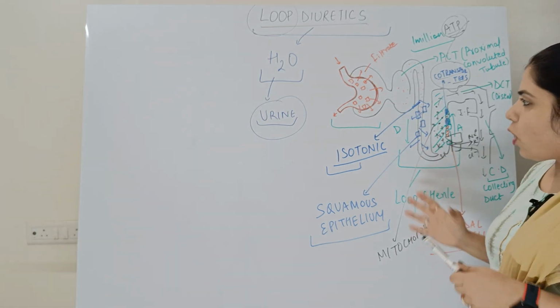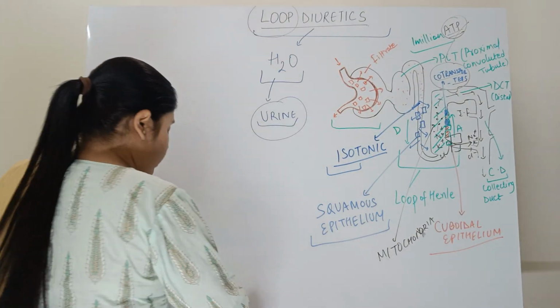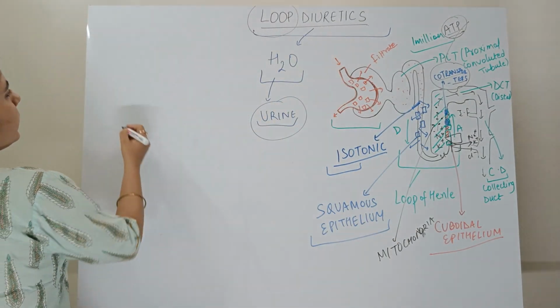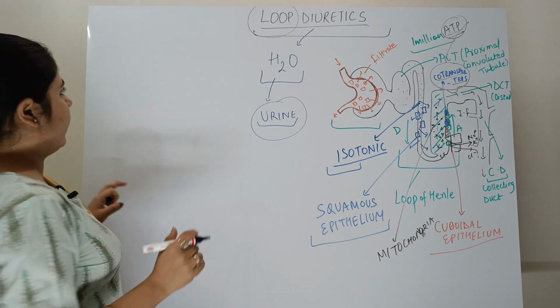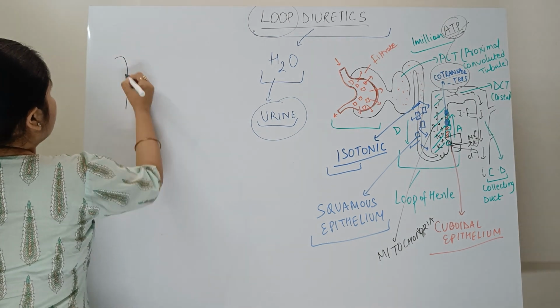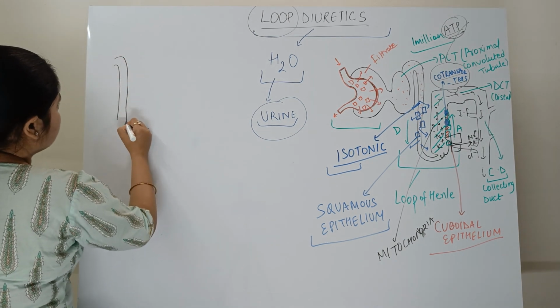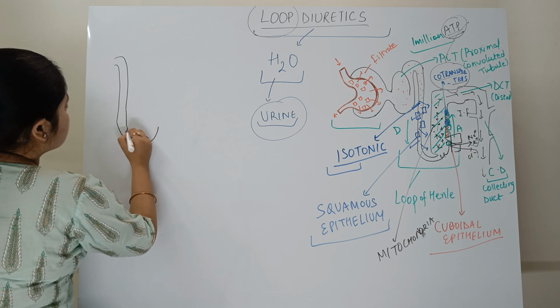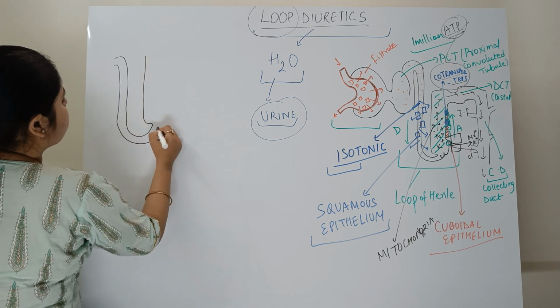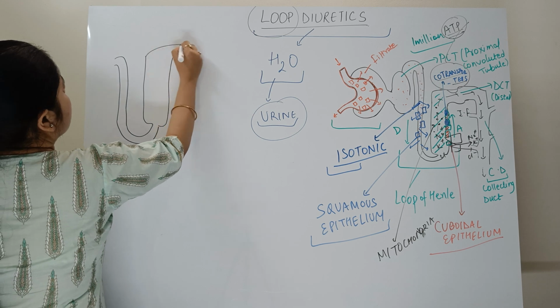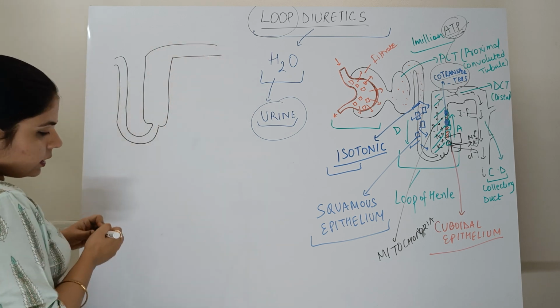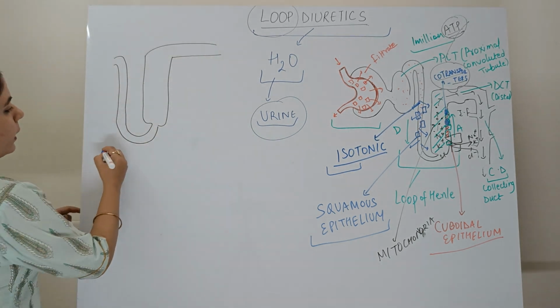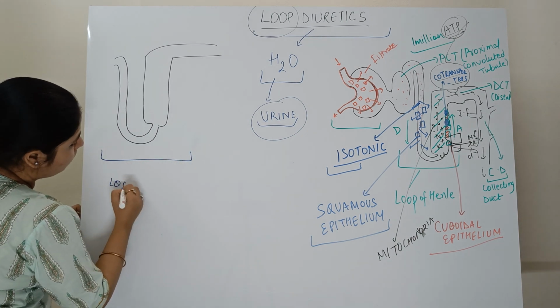So now let's talk again about a descriptive diagram here. It gets a little bit complicated, so I am only focusing on the loop of Henle now. If I draw the diagram of the loop of Henle, it is thin here, and then this thin loop becomes thick. We have to focus on this region because we are talking about loop diuretics. This is the loop of Henle.